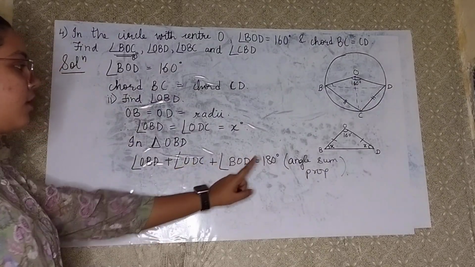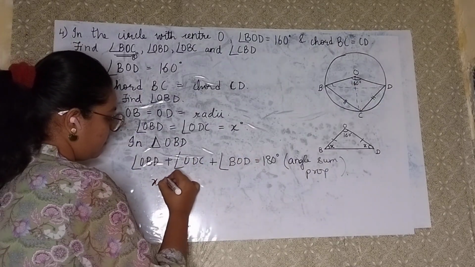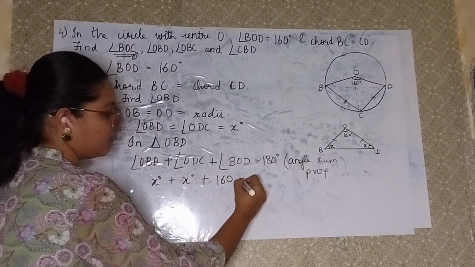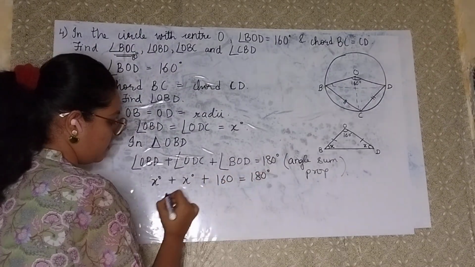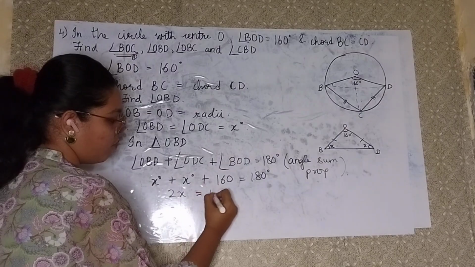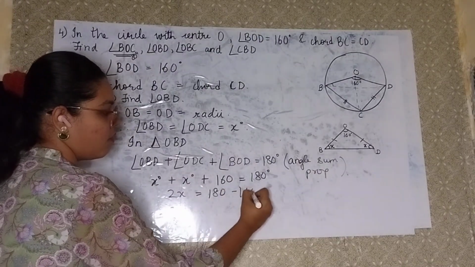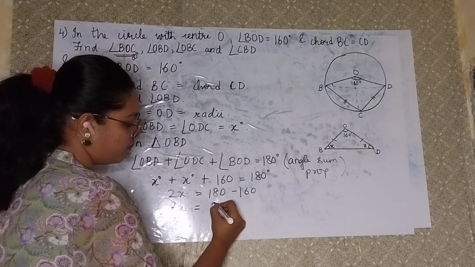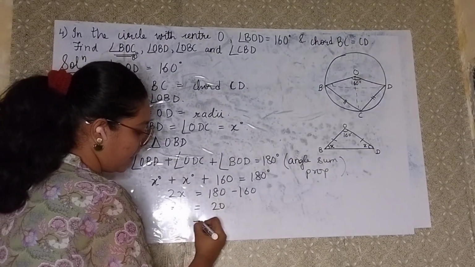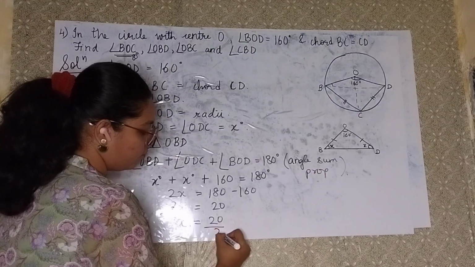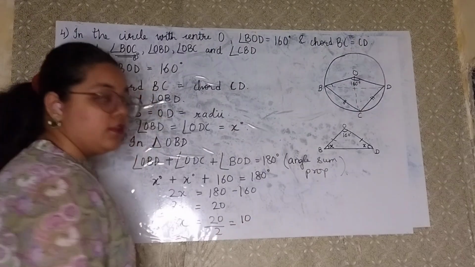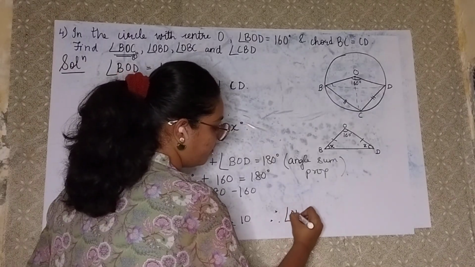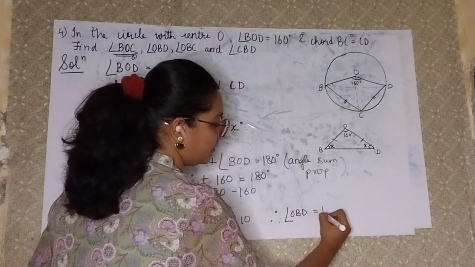Now OBD is x plus x plus 160 degrees equal to 180. 2x equal to 180 minus 160. So 2x equal to 20, and x will be 20 upon 2, that is 10. Therefore, I will get angle OBD as 10 degrees.